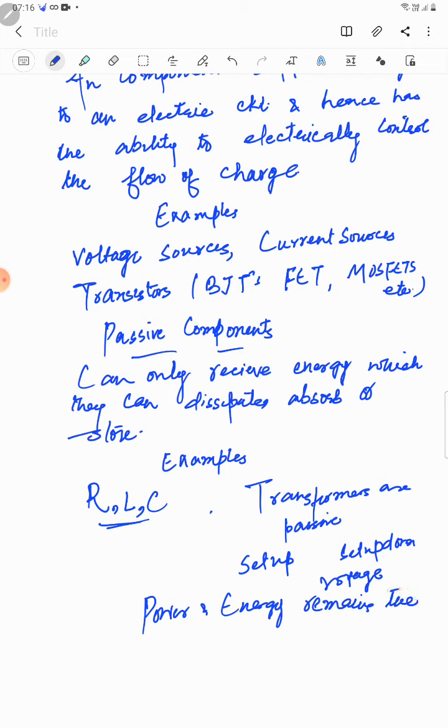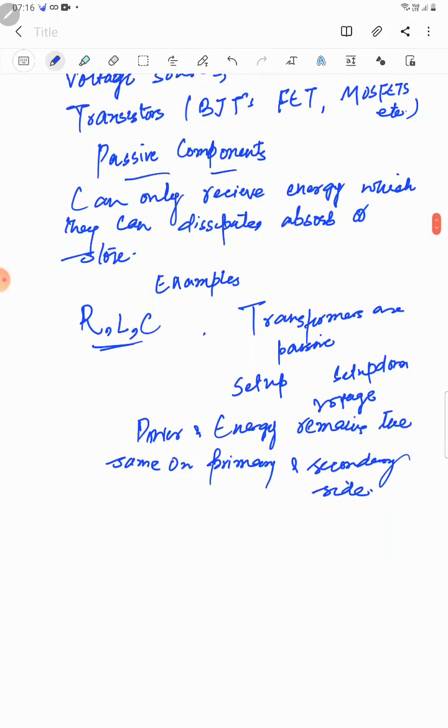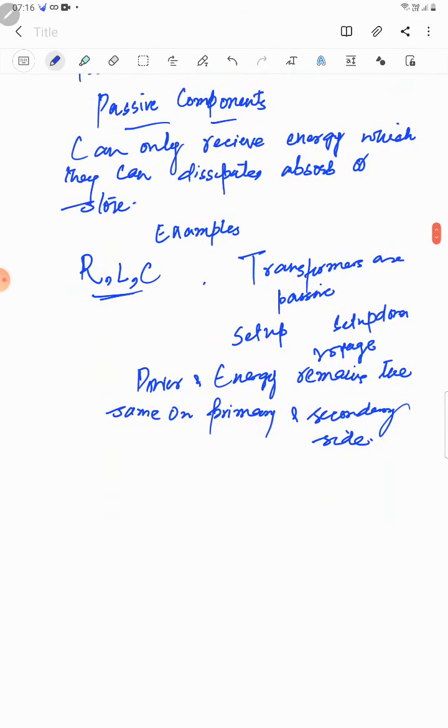Power and energy in the case of transformers remain the same on the primary and secondary sides. So this is just a recapitulation of the electronic circuit components, active and passive.